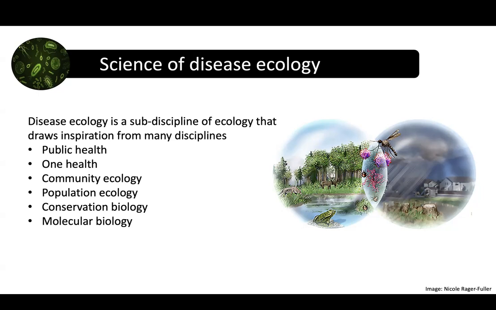It calls for collaborative efforts of multiple disciplines working locally, nationally, and globally to attain optimal health for people, animals, and our environment. So trying to link all these fields together so we can all work together towards a common goal of protecting the health of many different organisms and species.